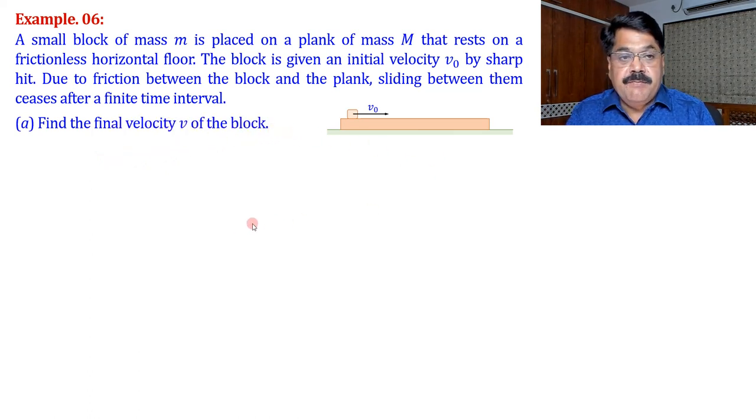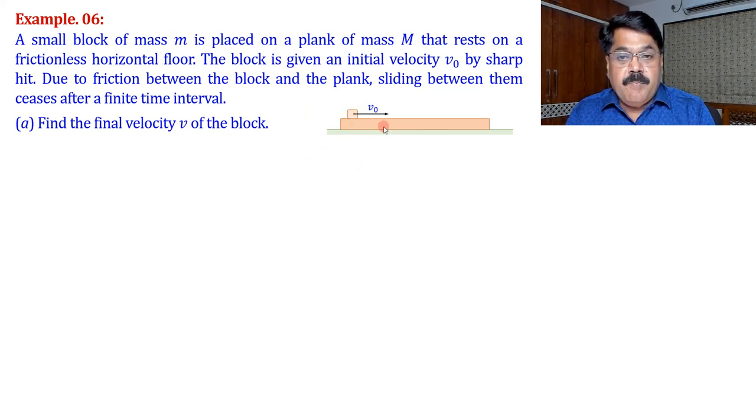So we first have to find the final velocity, and for that we can use conservation of momentum. Of course, we can also use Newton's law, because by Newton's law we can calculate the acceleration of the plank as well as the acceleration of the block, and then use the equations of constant acceleration motion. Acceleration of the block is very easy: mu g backward.